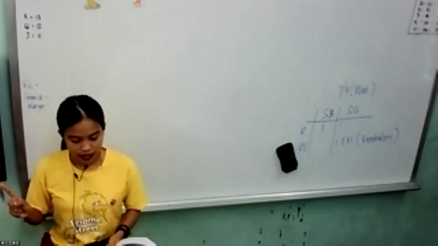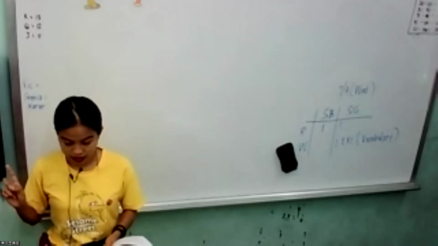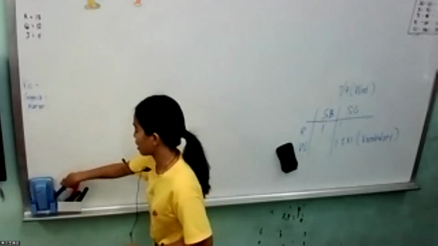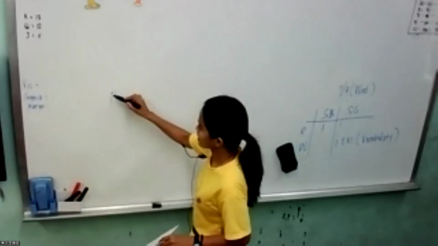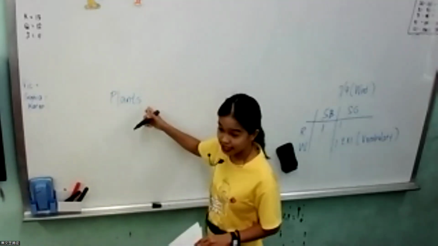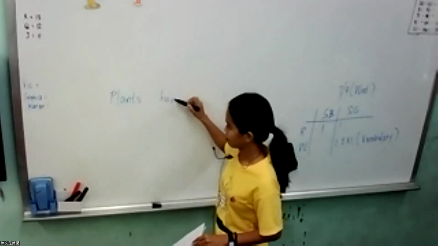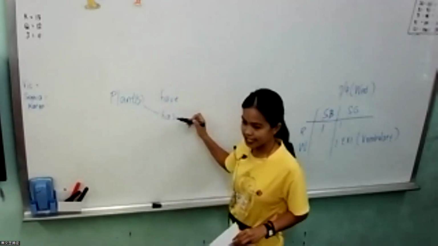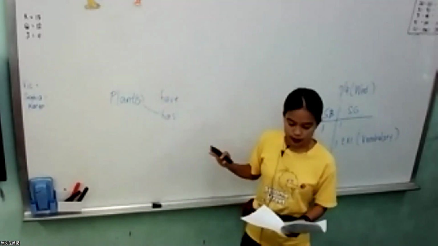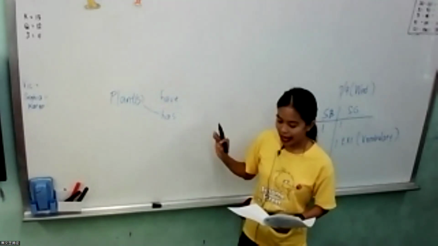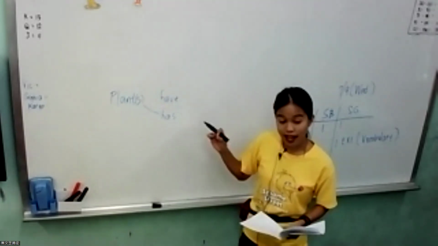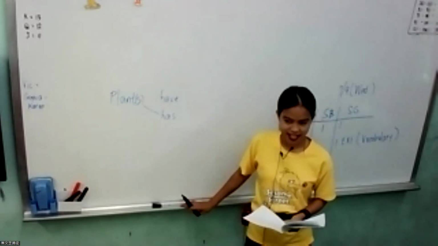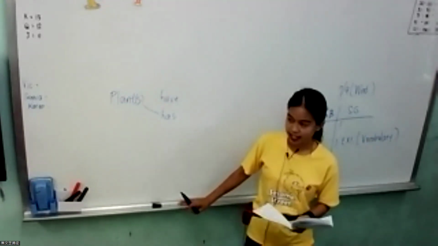Plants have, if it's plural, plants, many, so you use have. If only plant, you use has. So you can also say plants have thick leaves in the desert. Okay, so that's the correct answer.